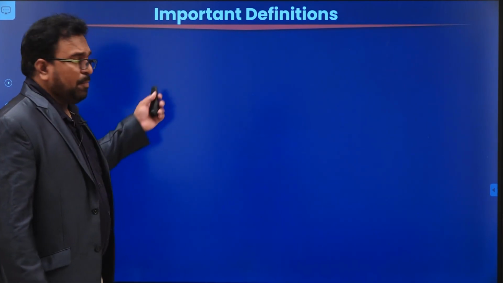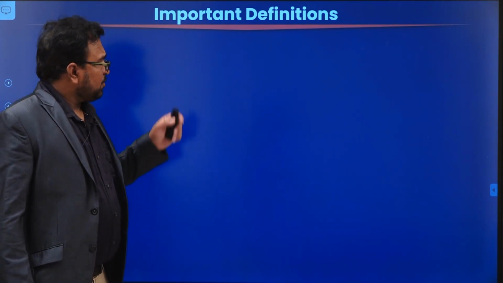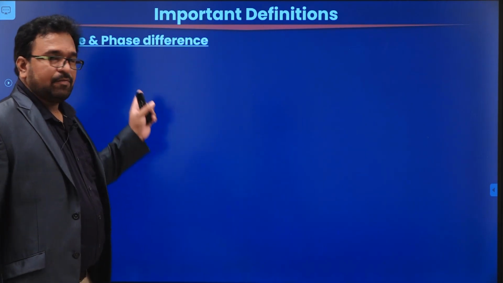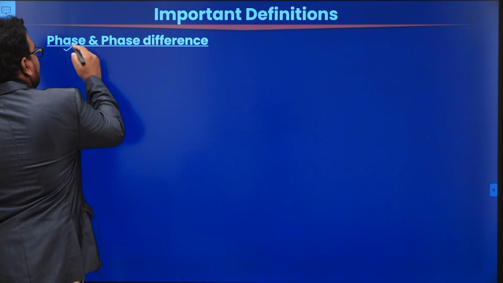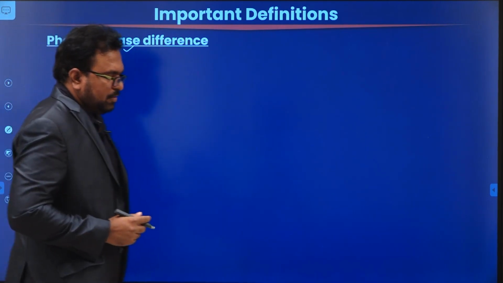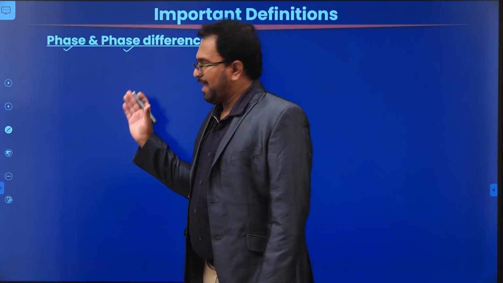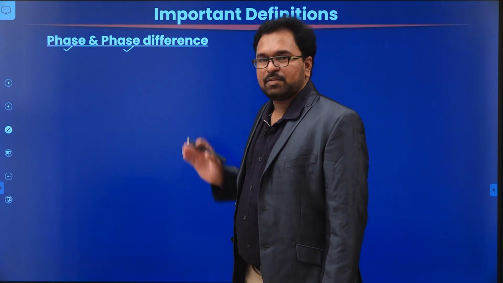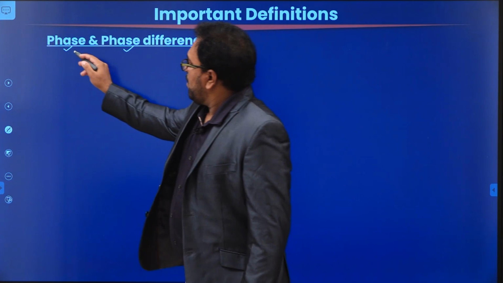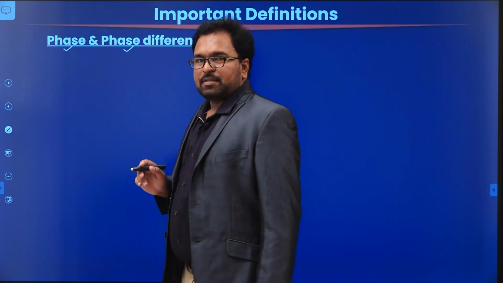Coming to the important definitions, the next definition is phase and phase difference. These two terms are very important in the aspect of single phase sinusoidal AC voltage or 3-phase sinusoidal AC voltage. You have to know what a phase is and what phase difference is.